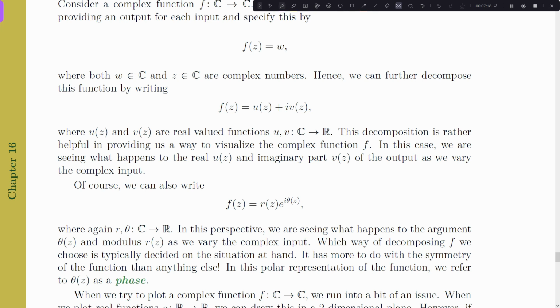I don't think the book gets into this, but we could almost go one step further and say something like f of r e to the i theta, where r is the input and theta is the input, now has an output r, e to the i theta, of the inputs.